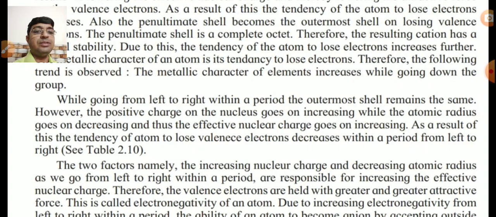As a result of this, the tendency of atom to lose valence electron decreases, means that valence electron not easily lose from their outermost shell within a period from left to right.